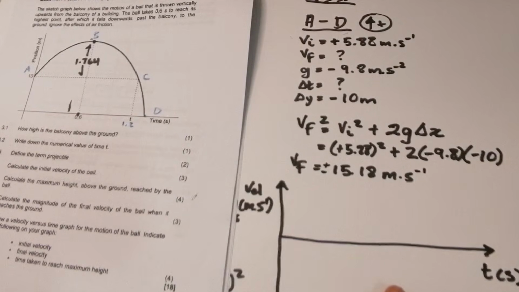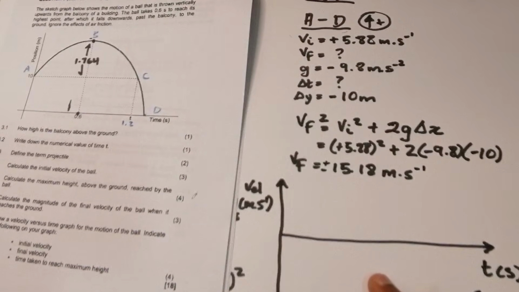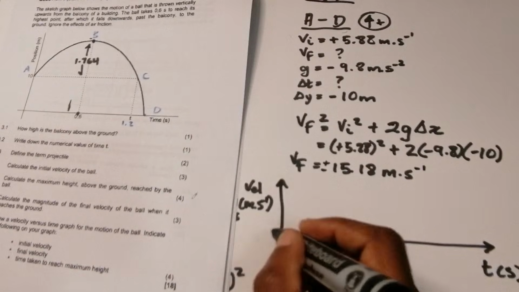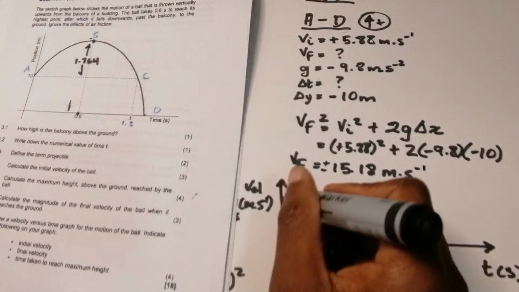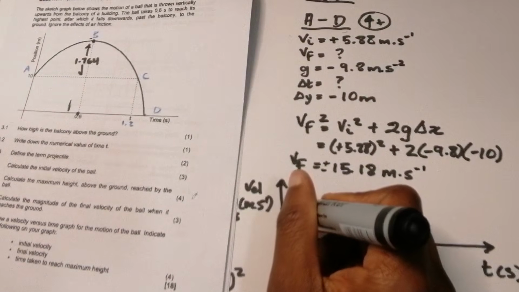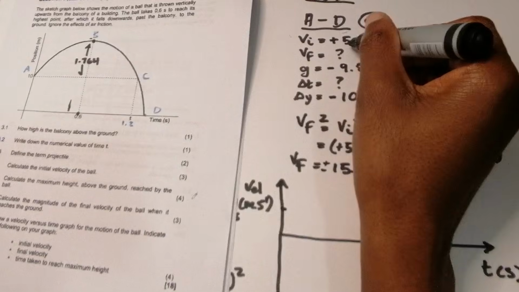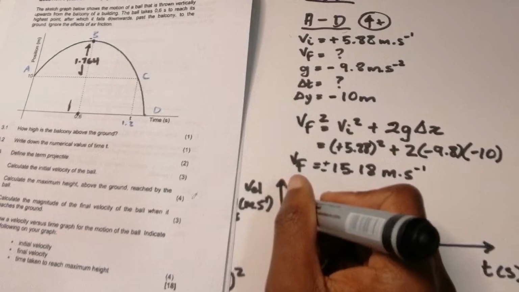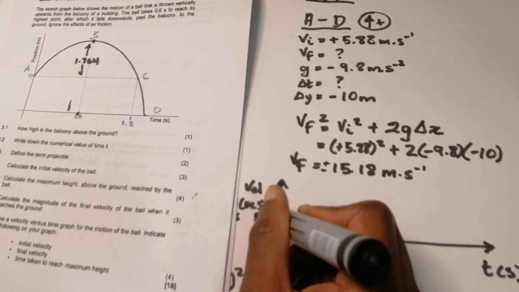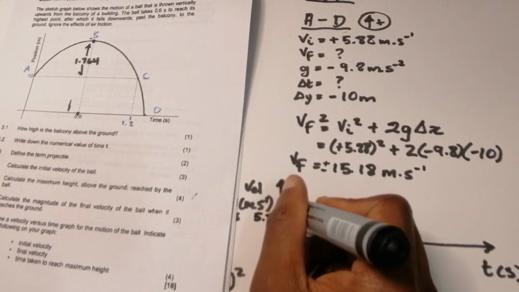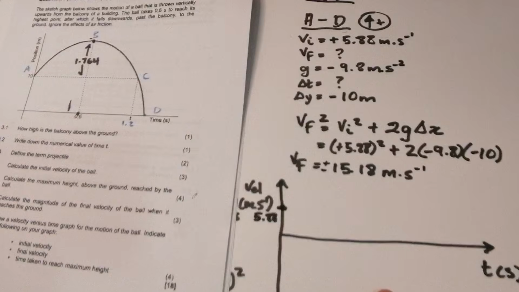Now, remember, velocity time is a straight line graph, right? So what was the initial velocity? At time 0, what was our initial velocity? It was positive 5.88, you're quite right. So this value here is the positive 5.88.